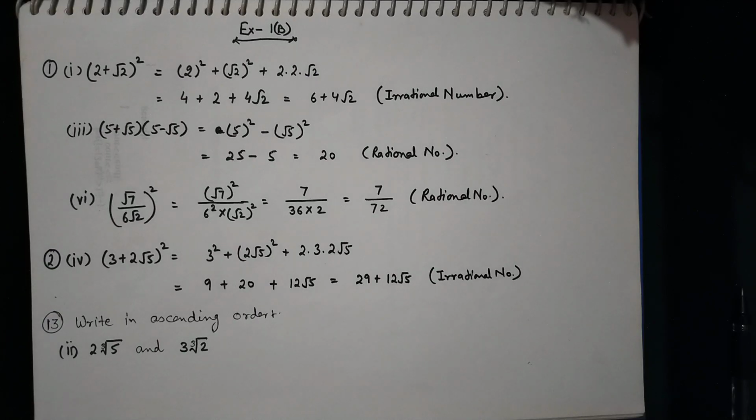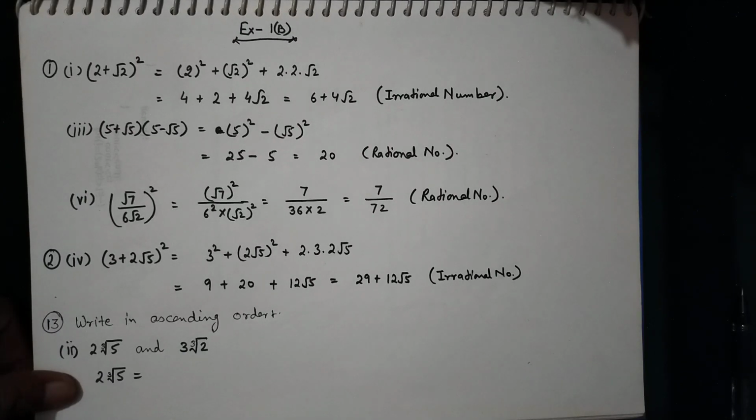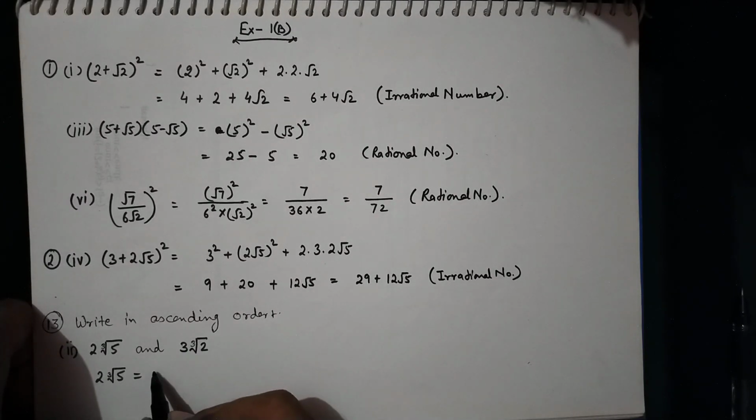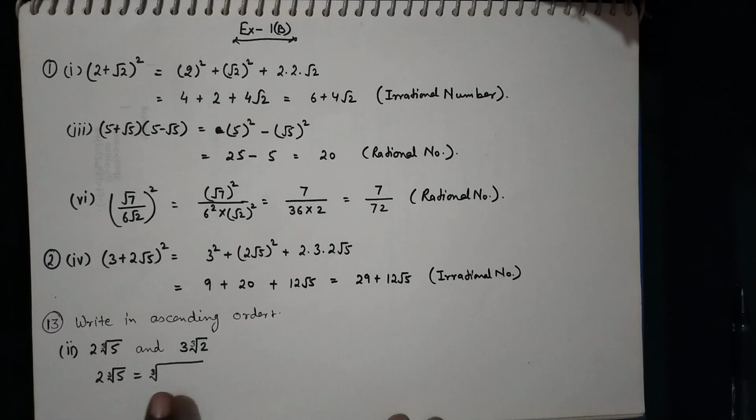Now we are going to write this and this number completely in root form. For that, let's see. This is written as 2 within a cube root of 5. If this 2 is moved inside the root, you are going to write this as 2 cube, because on making the grouping of 3 only, this 2 has moved out of this root.